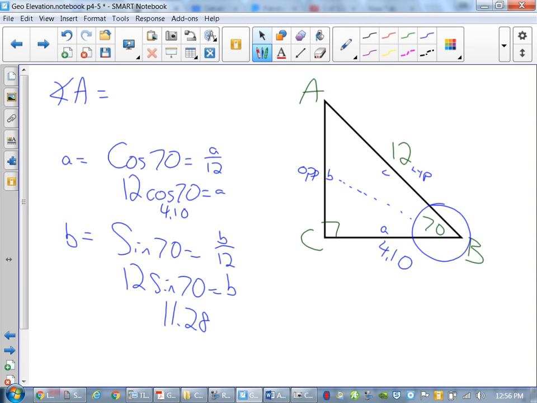How do you find that last angle? Subtraction. Remember, when you have a right triangle, the other 2 angles that aren't the right angle are always complementary.